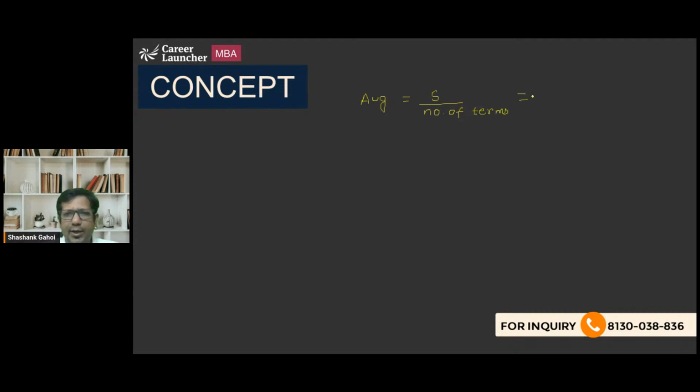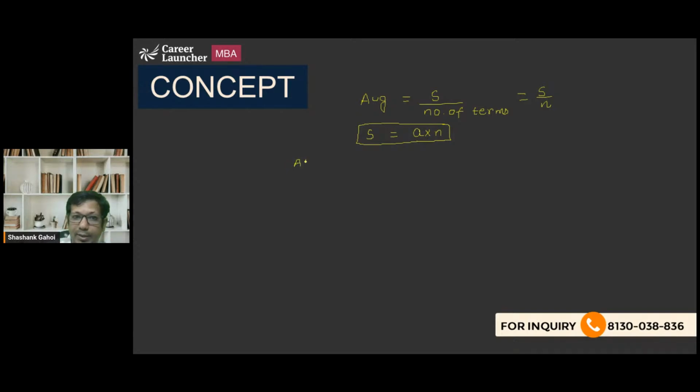We can call the number of terms n, so S upon n. We can also say that sum is equal to average times number of terms. So we have two formulas: average equals sum upon number of terms, and sum equals average into number of terms.